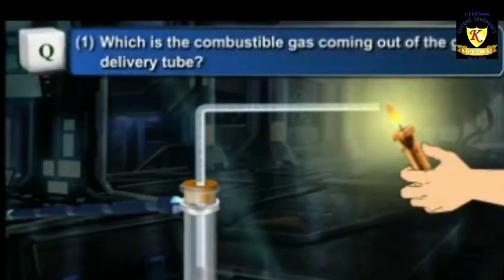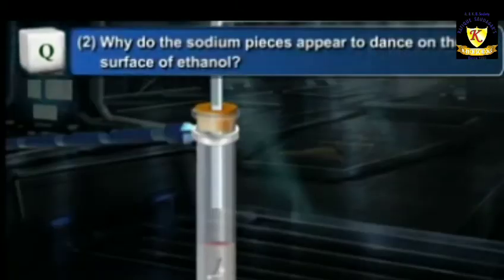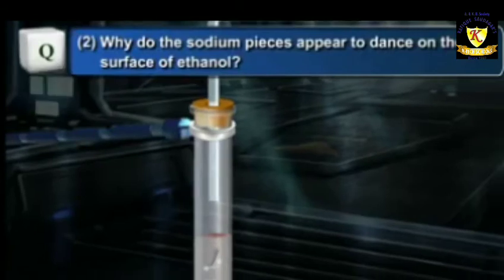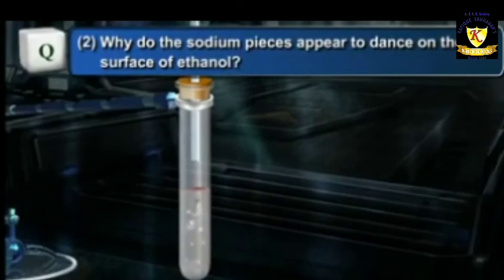Which is the combustible gas coming out of the gas delivery tube? We can see hydrogen gas coming out of the gas delivery tube. Why do sodium pieces appear to dance on the surface of ethanol? Sodium, being a highly reactive metal, appears to dance on the surface of ethanol.